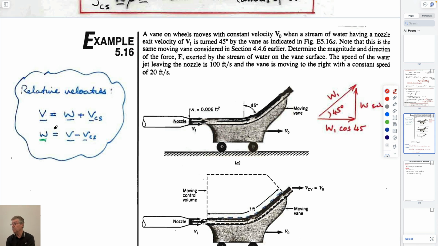So we looked at a Pelton wheel. We took Bernoulli, and we said that if it's moving at some control system velocity, then there are two end-member conditions. A static vane has a maximum force. A vane with zero force on it has to be moving at the velocity of the water.